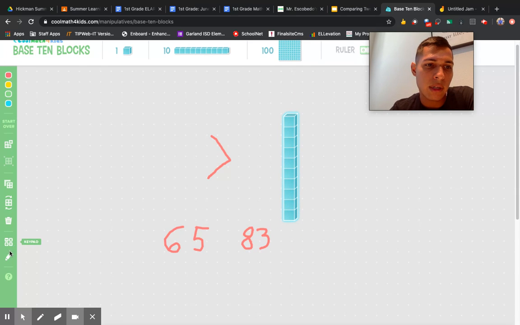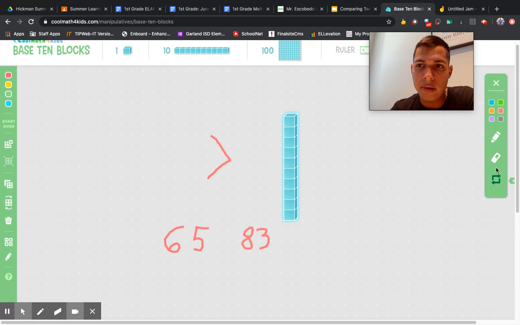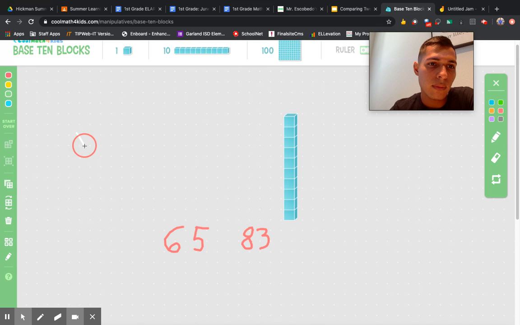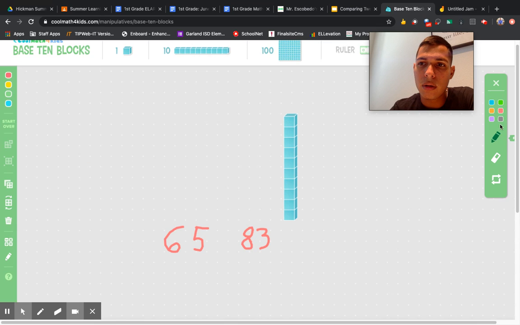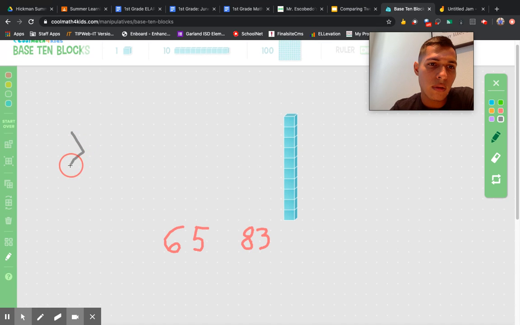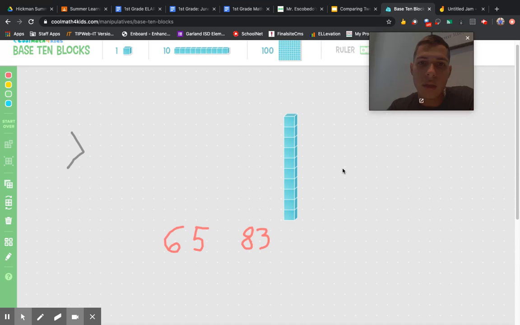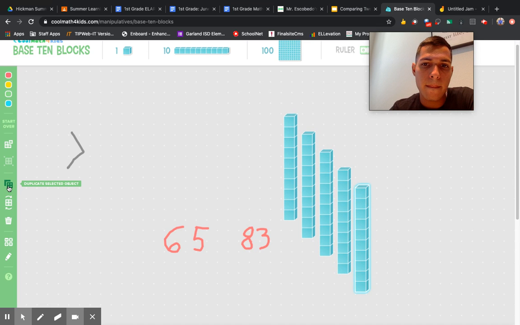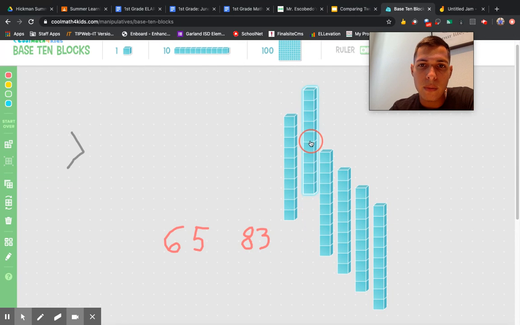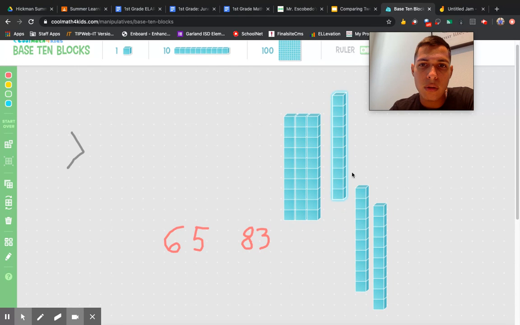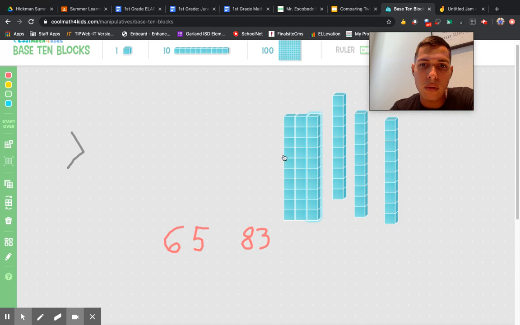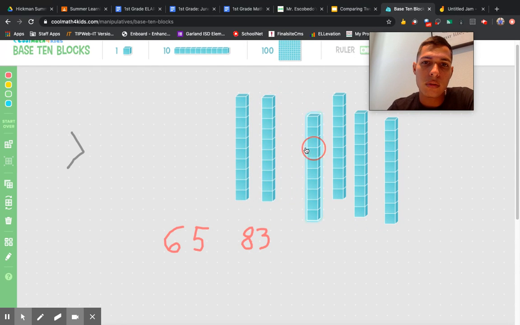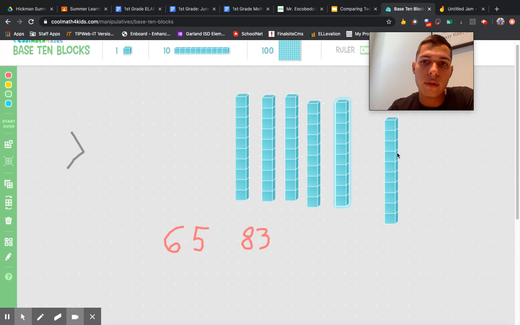We got one number. I'm actually going to put this greater than sign as well. Greater than sign. Okay. So 65 we got to make. One, two, three, 4, 5, 6.